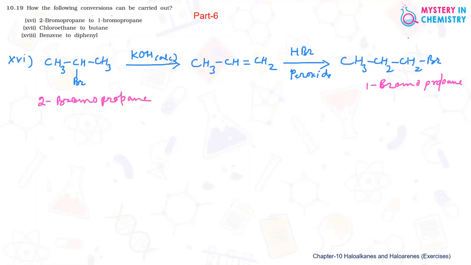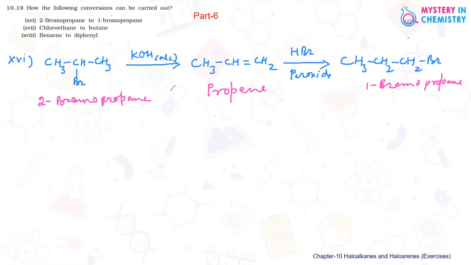So first step is alcoholic KOH should be taken by the dehydrohalogenation, and we are getting the alkene. This particular alkene is propene, and when it is HBr addition in presence of peroxide, then anti-Markovnikov's rule is followed, and negative part of the incoming group is going to that carbon atom where hydrogen is moved, and the product is 1 bromopropane.